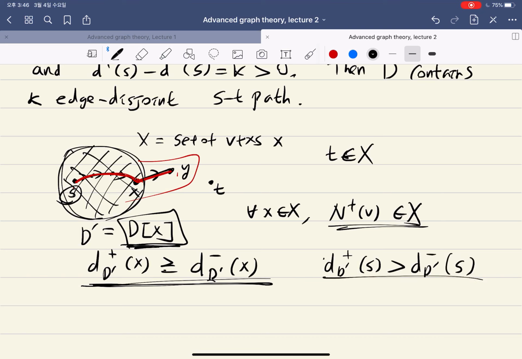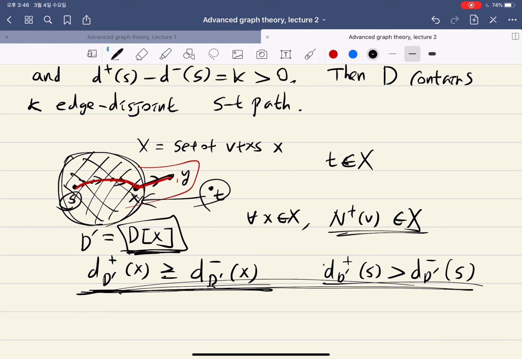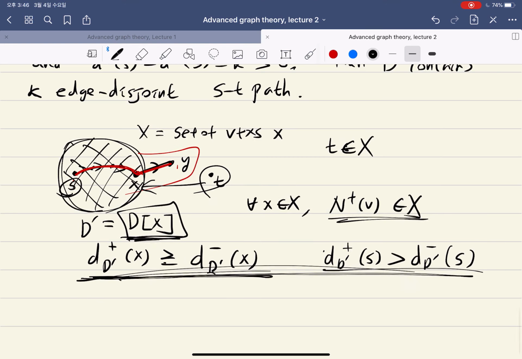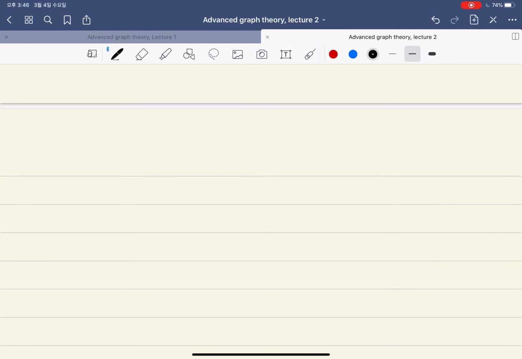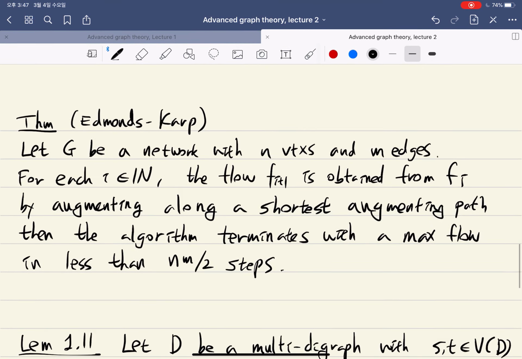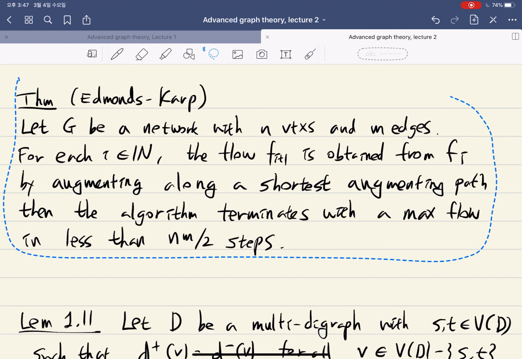However, we already know that the sum of out degrees in a directed graph must be the same as the sum of in degrees, because both count every edge exactly once. So this is a contradiction. So this cannot happen. That means T must also be in this X. So we can find the S-T path, delete all the edges, and then repeat. So this will prove the lemma. A formal proof is in the lecture notes, so you can read it. So with this lemma in hand, now we want to prove this theorem.